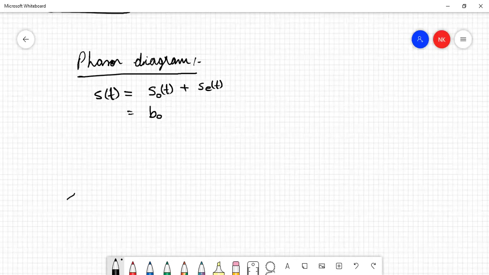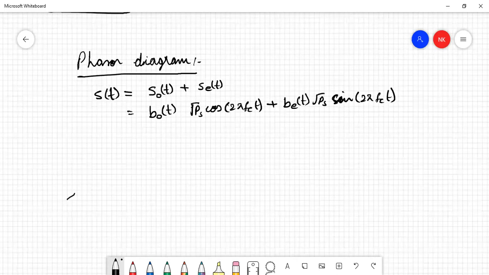It is b_o(t) √(P_s) cos(2πf_ct) plus the even part, that is b_e(t) √(P_s) sin(2πf_ct). We have these values, based upon the odd and even part. So let us take the odd part, odd and even.